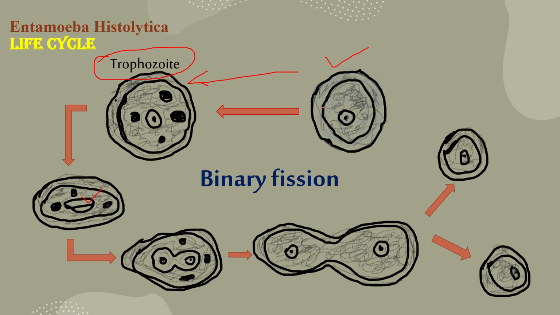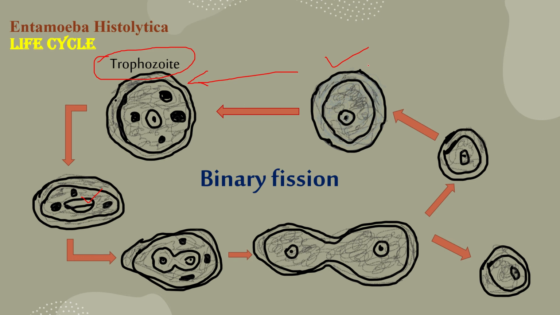From a single organism, two organisms are formed, and then the precystic or minuta form is formed from the trophozoite form by binary fission.